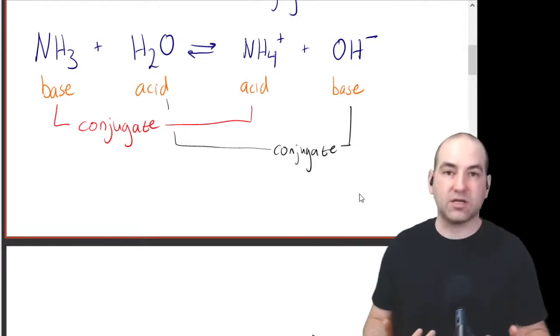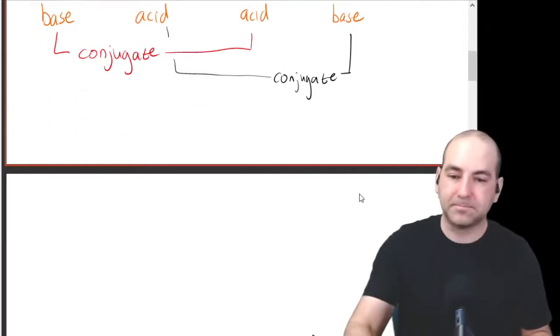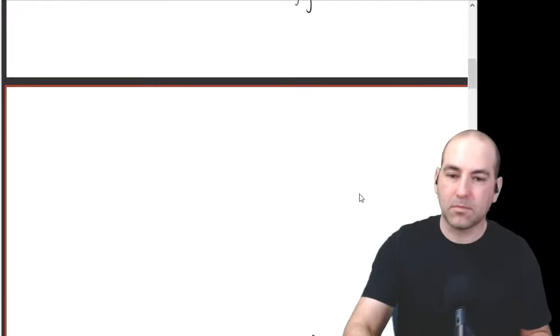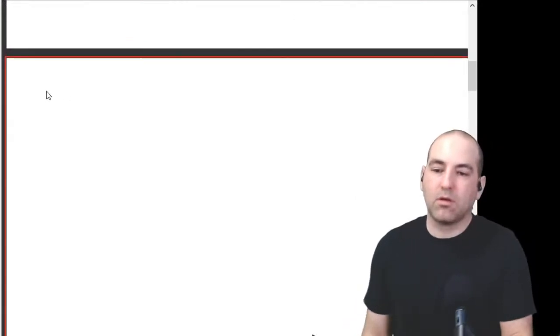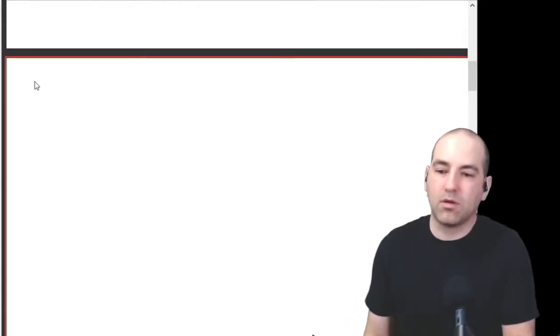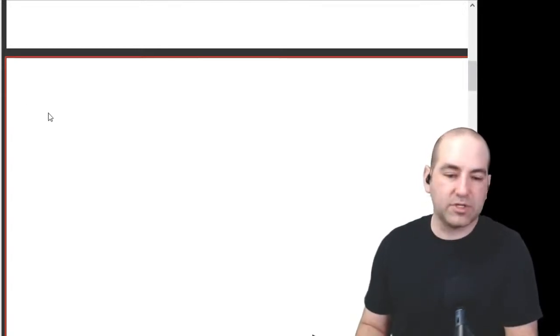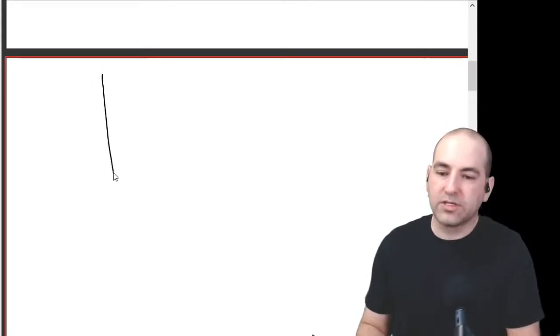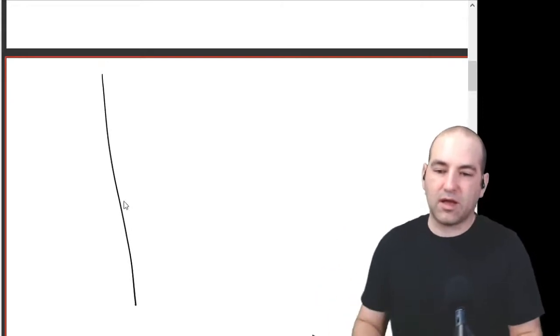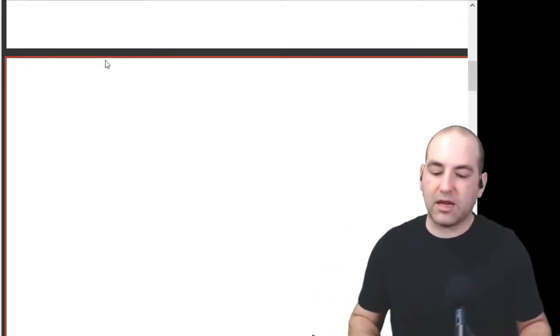It's going to form its conjugate base, and we can draw that. So let's list a couple starting molecules here. And then for each molecule, we're going to see if we can come up with a conjugate acid and a conjugate base.